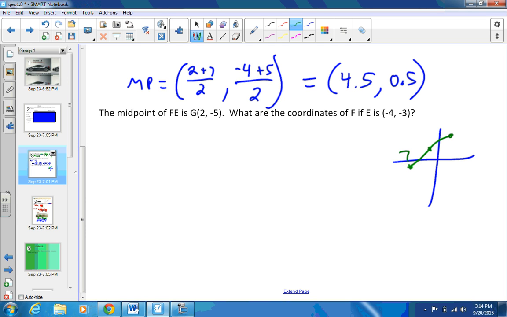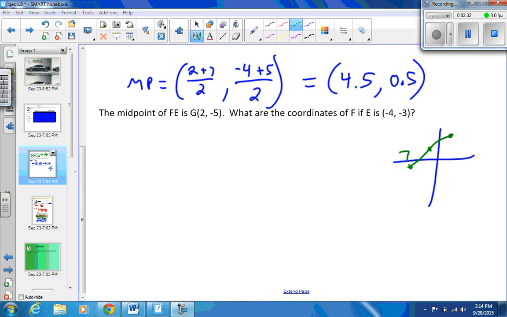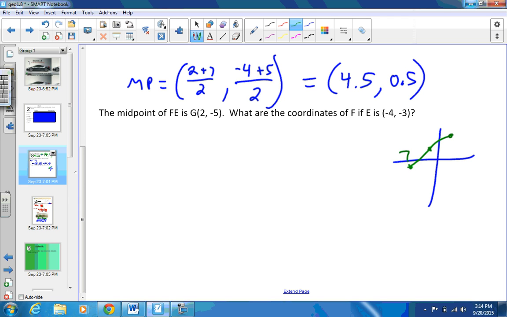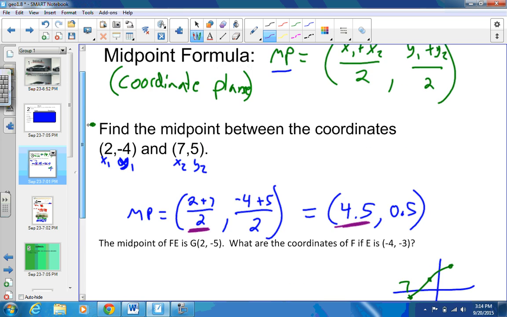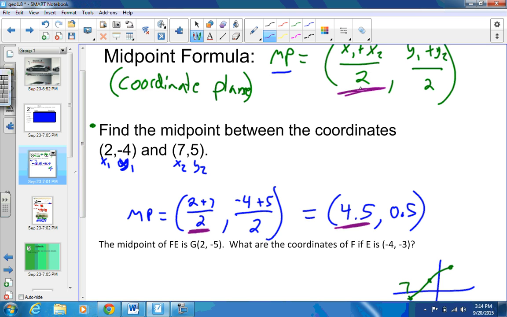Let's use that formula. To get the x value, we'll just use purple here. So this would be the x, and this would be our answer. Or this would be the formula up here for the x, purple.